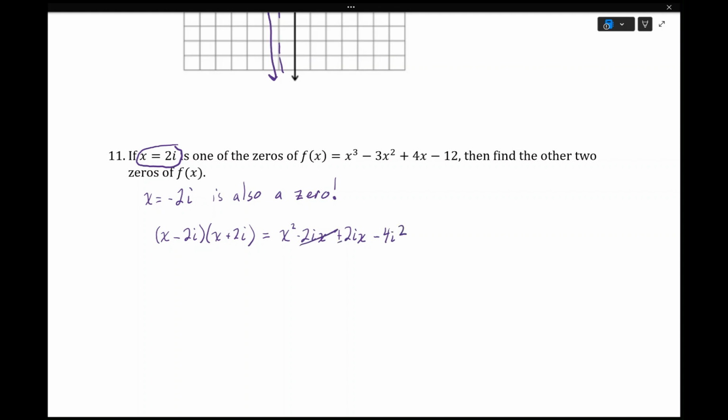Those 2ix's subtract out, so I get x squared minus 4 times i squared. As a reminder, i squared is -1, so this turns into x squared plus 4. So this cubic is x squared plus 4 times something. Well, let's divide out x squared plus 4.